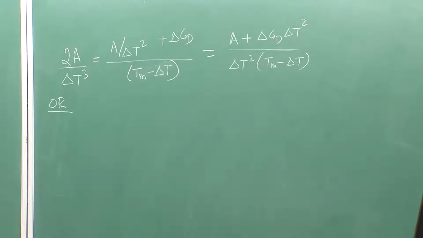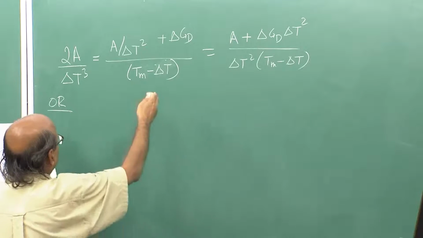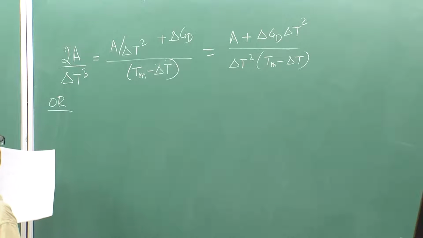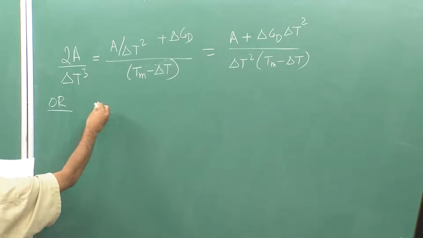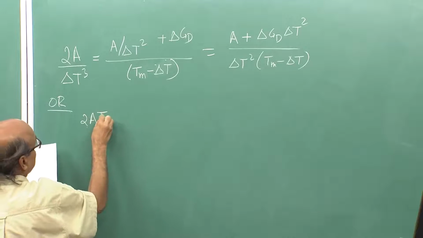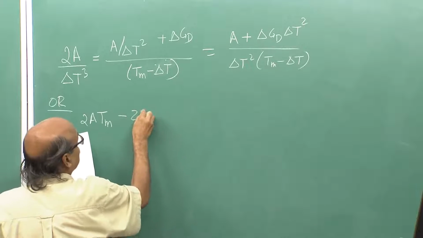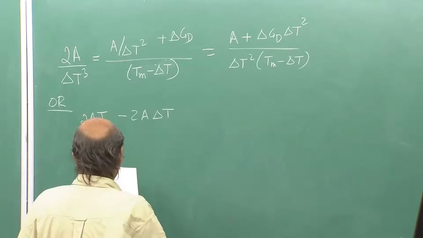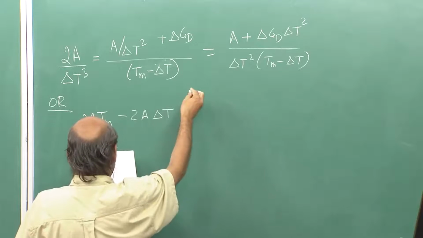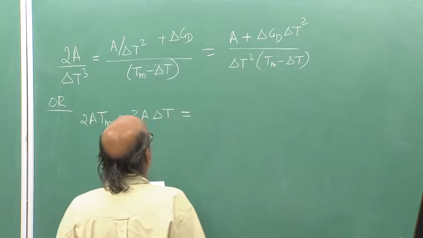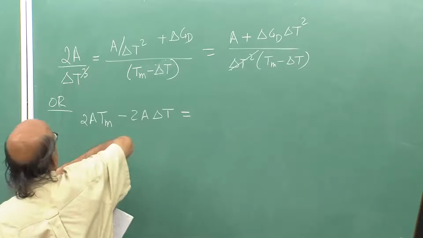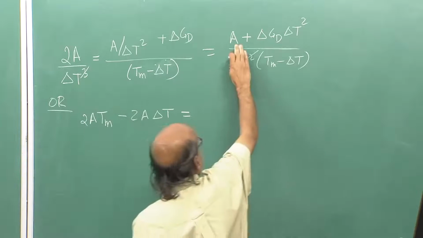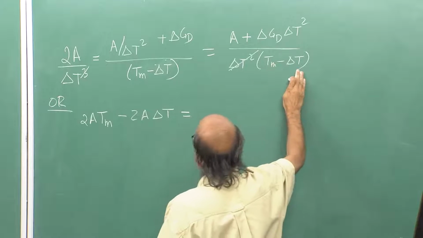Rearranging a little bit more, because I can delete this delta T square and this cube, here it becomes 2A upon delta T is equal to (A plus delta Gd delta T square) upon (Tm minus delta T).